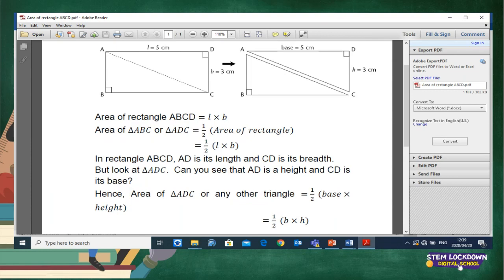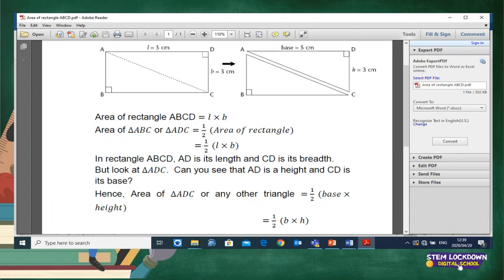Now you can simply substitute. Because remember, we said that the area of triangle ABC or ADC is half of the length times the breadth. So you can simply substitute, and once you substitute, you'll have the base and the height. Hence, the area of a triangle will be half of the base times the height of the triangle.